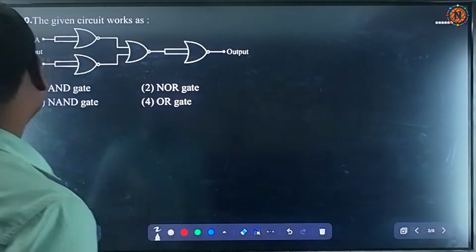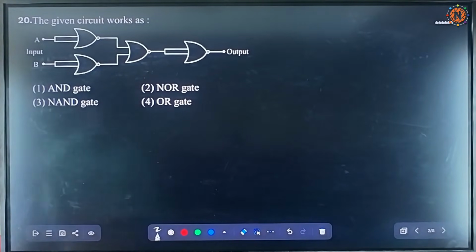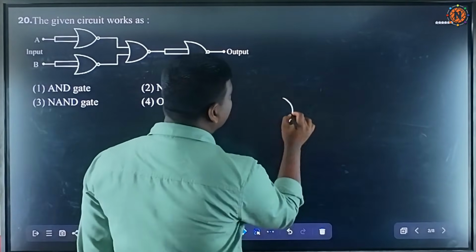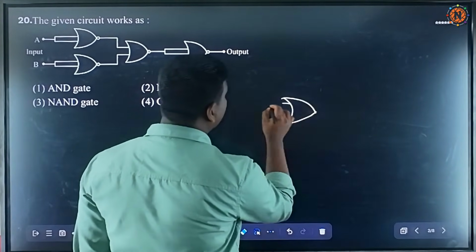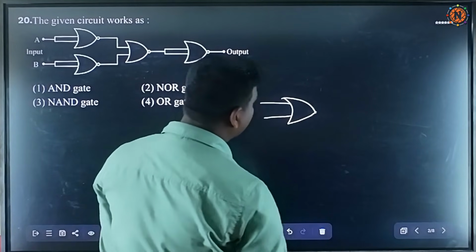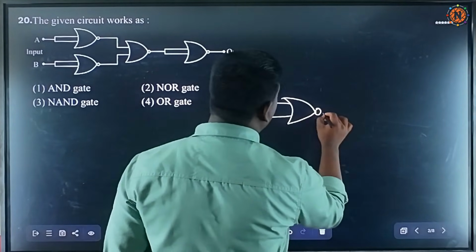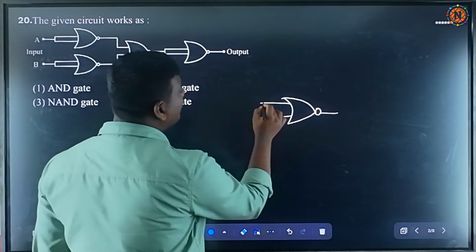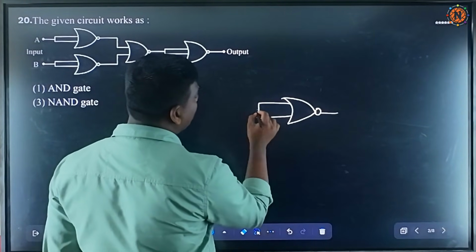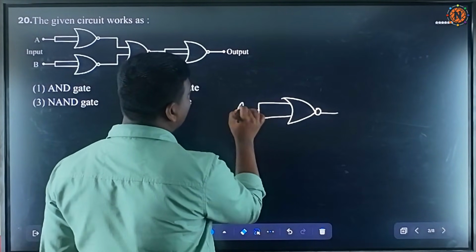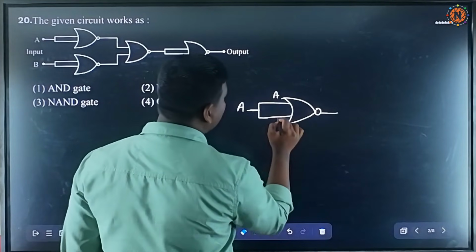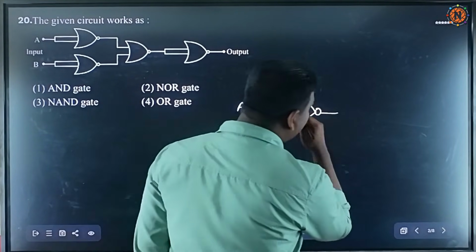Let's see this circuit. This is nothing but an OR gate, and this is a NOR gate. If we apply the same input, for example A, here it is coming A, here it is coming A. So what is the output of the NOR gate?